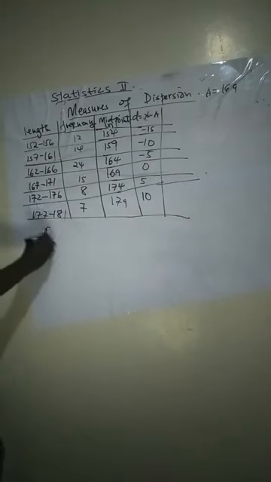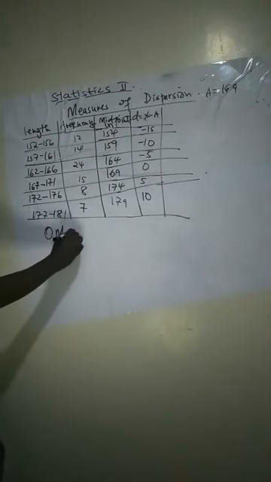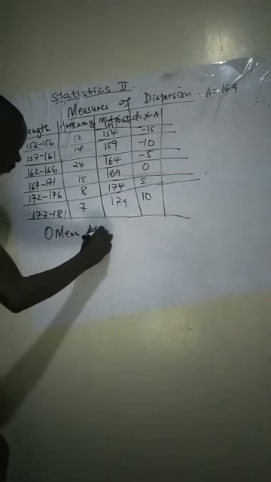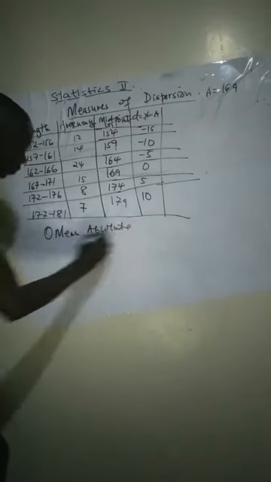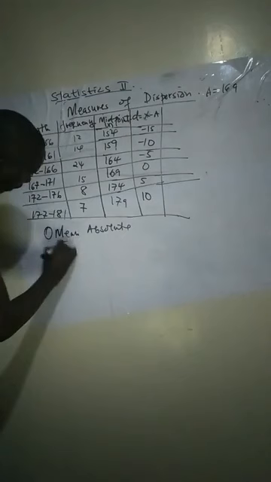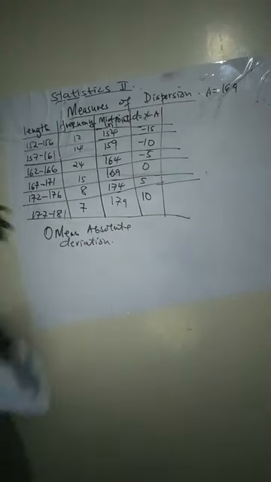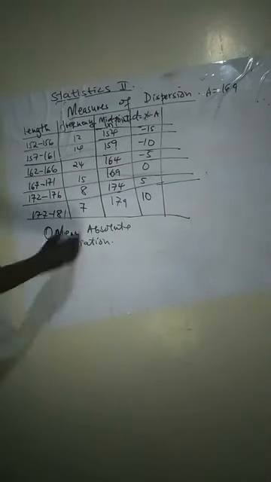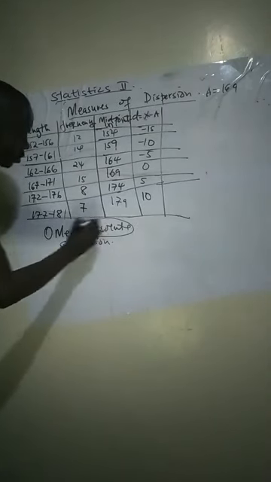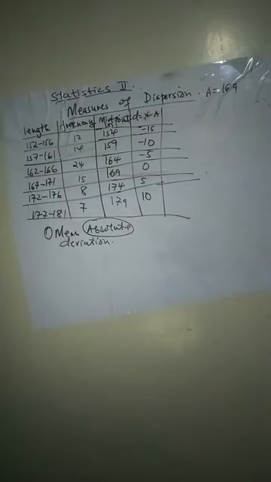So, getting the first part, let me capture that. That is the mean absolute deviation. Now you will recall that we said absolute in maths means you ignore the negative value. You ignore the negative value.